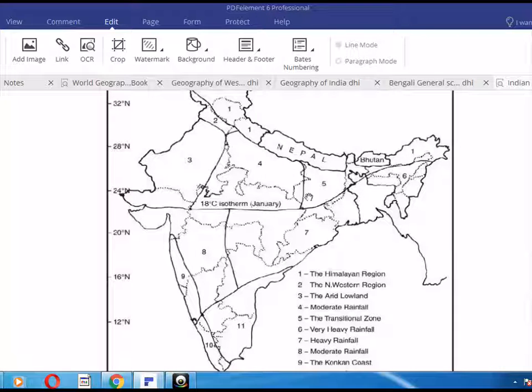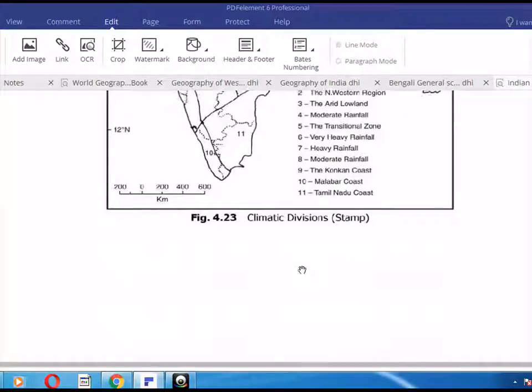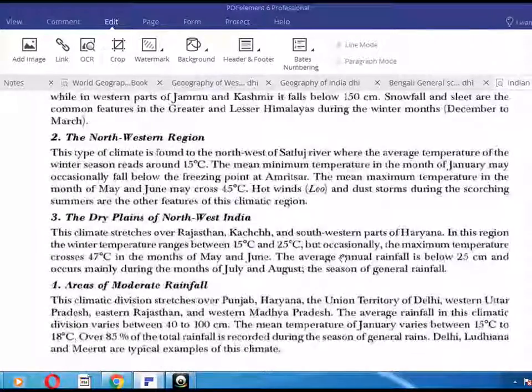So 6, very heavy rainfall. And 7, heavy rainfall. And 8, moderate rainfall. 9 is the Konkan coast. And 10, the Malabar and Tamil Nadu coast, it is 11. So that is the climatic division of Stamp.